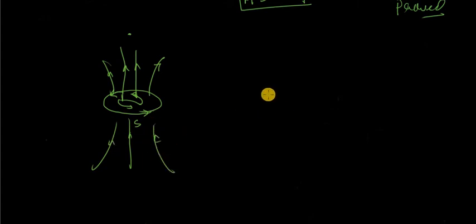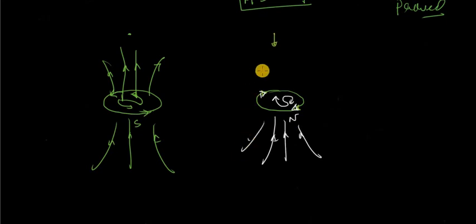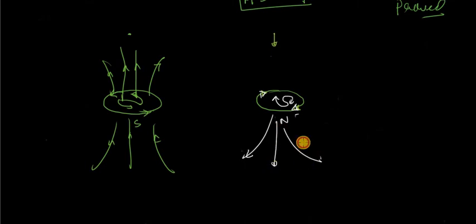If the reverse happens, that means the current is in the opposite direction, and if you observe from the upward side it is now in the clockwise direction, so this side would be the south pole. The lower side would be the north pole, so the lines of force come out from the lower end and enter into the upper end.